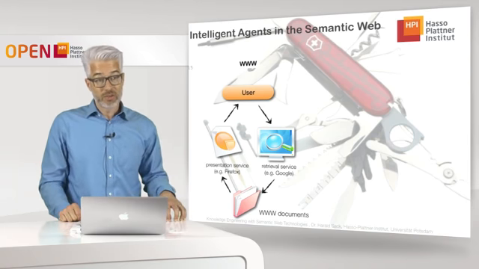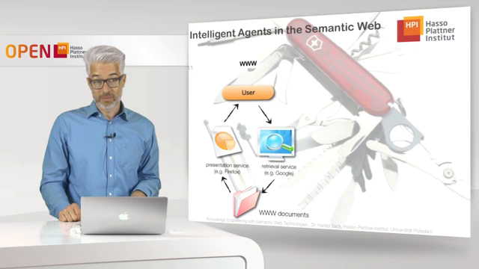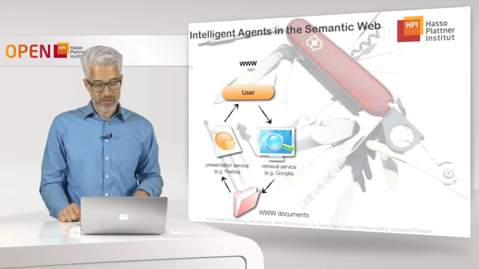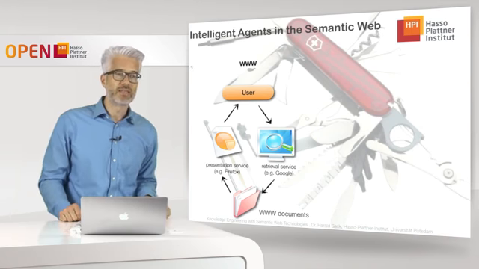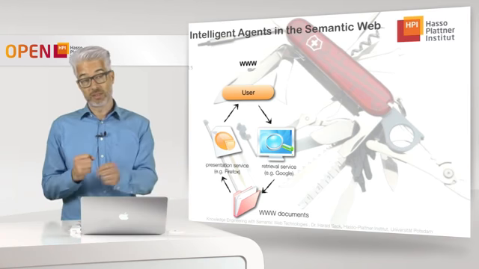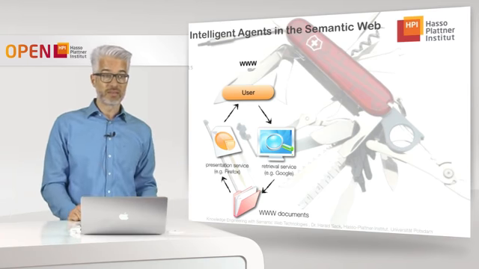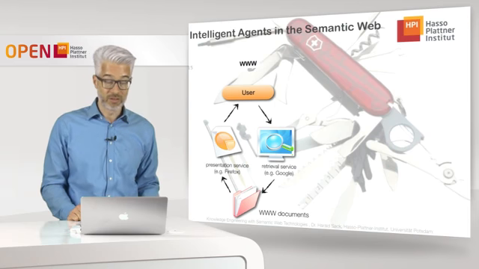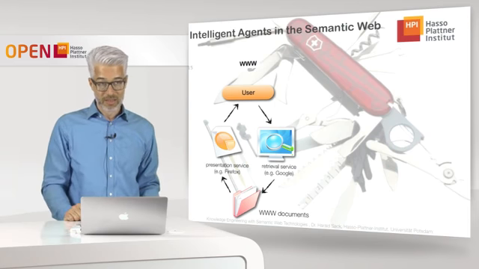And then we retrieve these documents presented by the search engine with the help of a so-called presentation service, which is then a browser. So with the browser, we access the result pages that are presented to us by the search engine. So it's always the same cycle to get access and to surf the web.